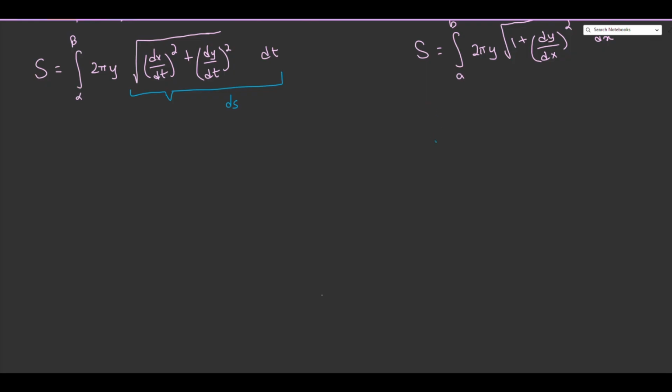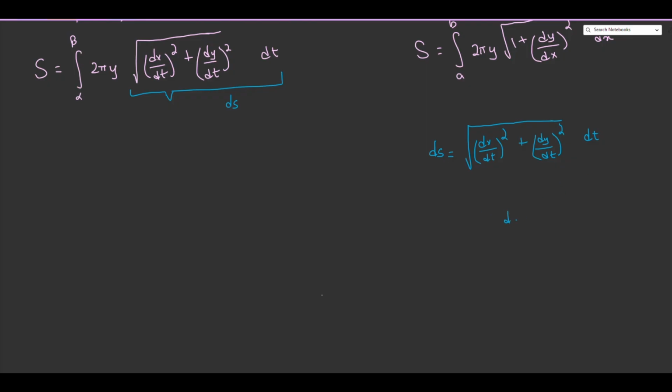That is, ds equals under the root dx by dt squared plus dy by dt squared, and outside here we have dt.